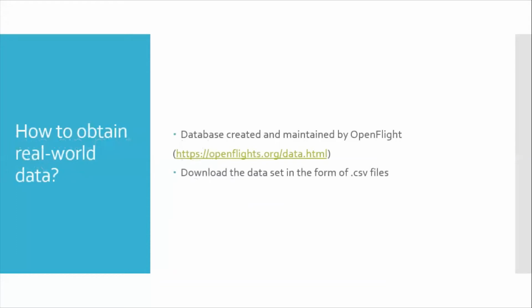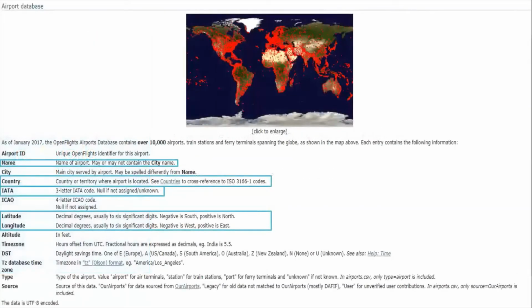So how to obtain real-world data? Fortunately, I found a database available on the internet. It is created and maintained by OpenFlights, and I downloaded it to my computer in the form of CSV files. There are two databases. The first one is the airport database.